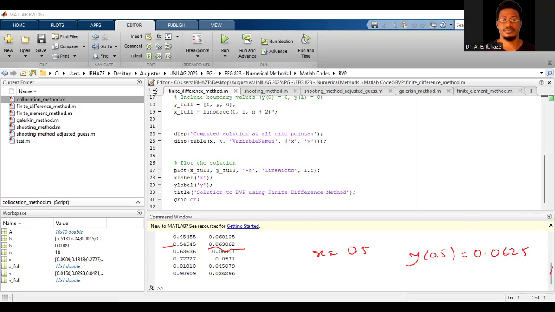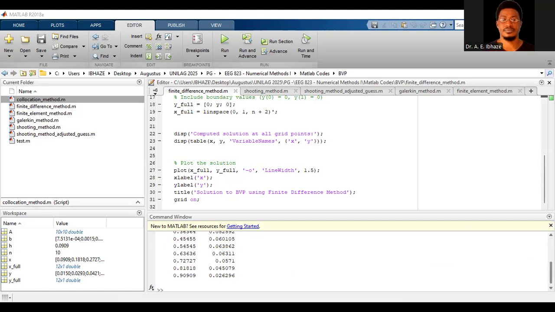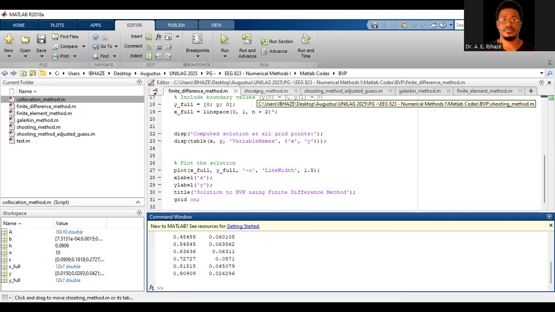So these are the points, being able to evaluate the values. I know 0.9, we're getting close to 0. Okay. And now the same also applies for the shooting method.